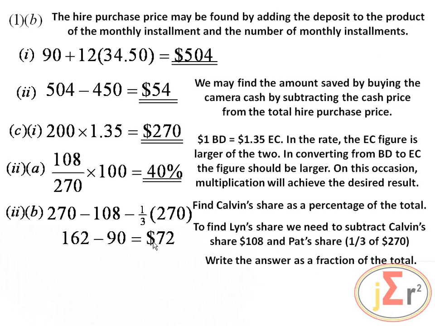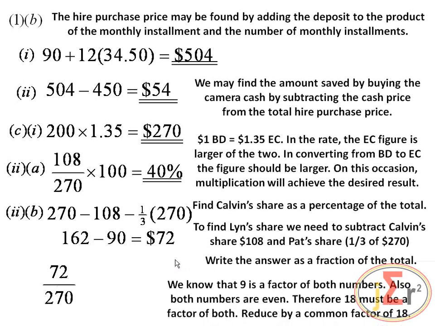Now, we need to write this as a fraction of the total. So, Lin's share as a fraction of the total. How do we do that? All we need to do is put that over the total of 270. And we need to take a simple look at this fraction reduction. We know that these are numbers that we are familiar with. We know that 9 is a factor of 72, 9 eights are 72, and 9 can go into 27, therefore 9 can go into 270.